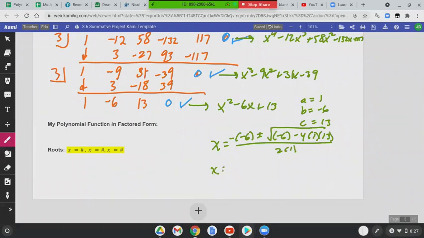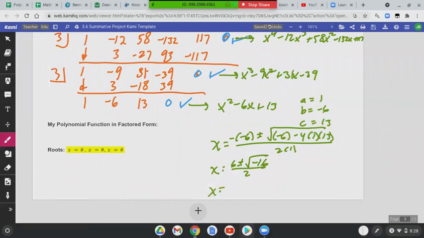Okay. I don't have a ton of room. So if we simplify this, we get 6 plus or minus the square root of negative 16 all over 2.